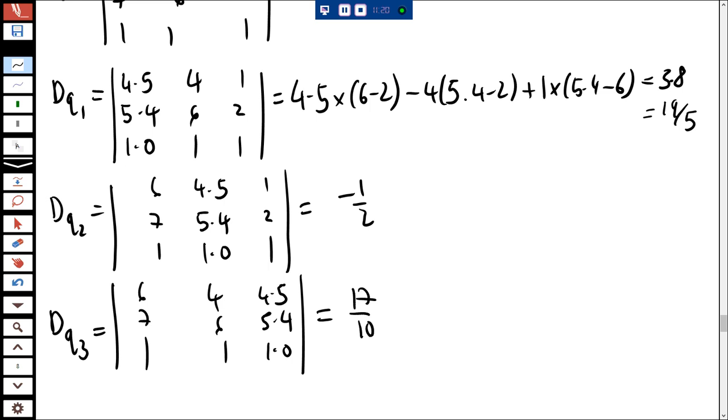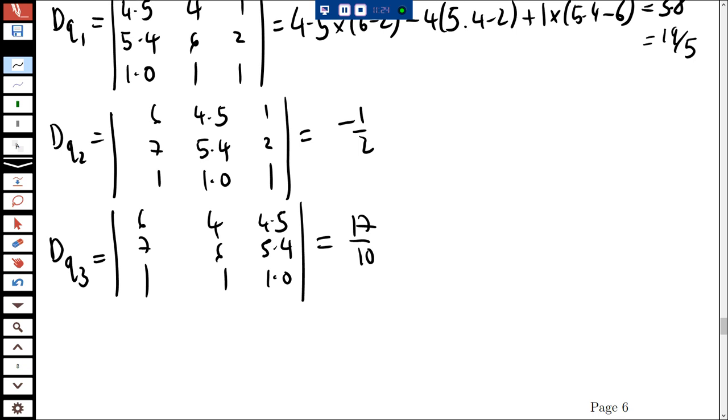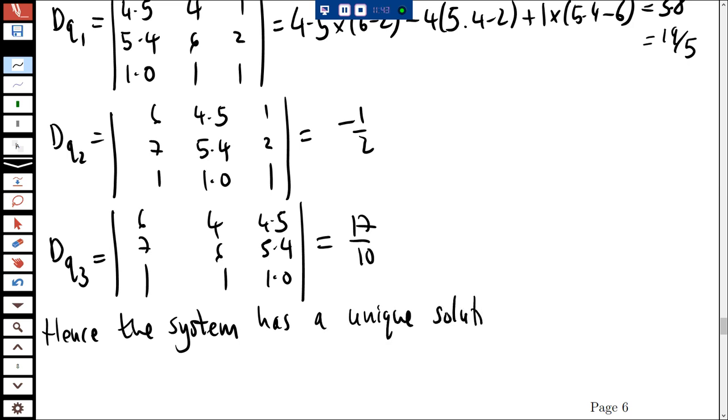When I calculated those, I just expanded across the first row. What we find is that nothing unusual is going on here. We don't have any singularities. The system has a unique solution.